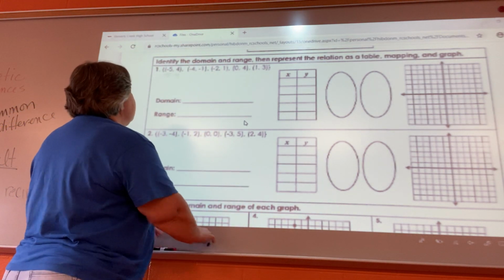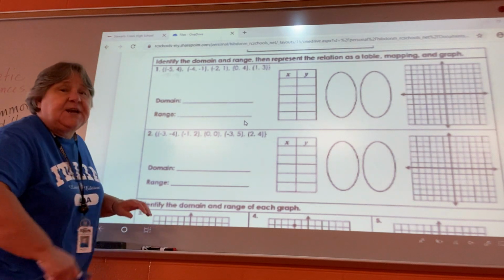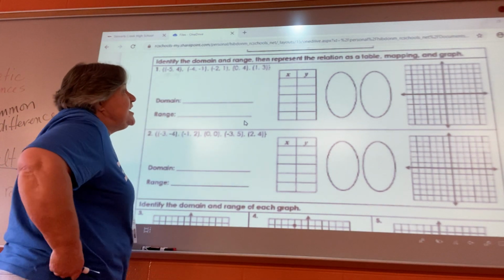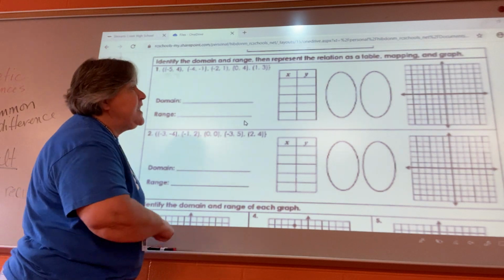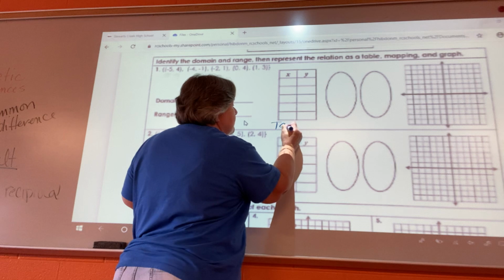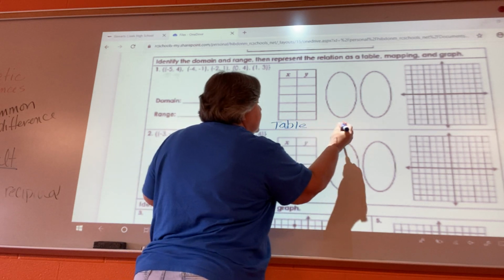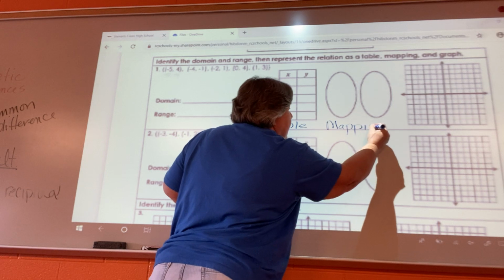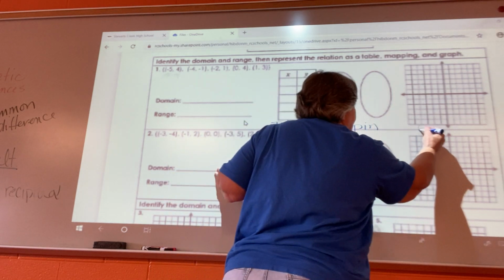The first one up here says identify domain and range, then represent the relation as a table, mapping, and graph. Well, this is a table. This is mapping. And you should know that this is a graph.